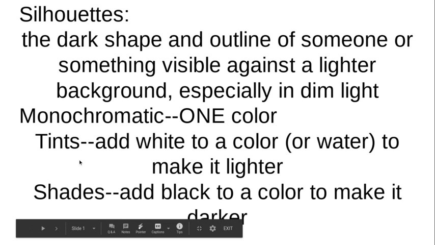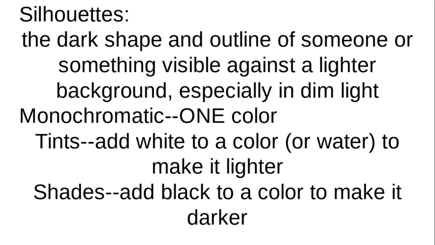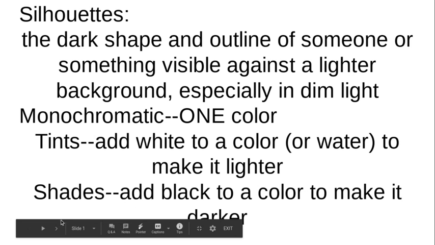In order to make a tint of a color, we add white to it to make it lighter. We could add water to it to make it lighter. And if we want to make that one color darker, we add black to it, and that's called a shade. So we're going to take one color, lighten it to make tints, and darken it to make shades. And then we're going to put a silhouette on top of that.